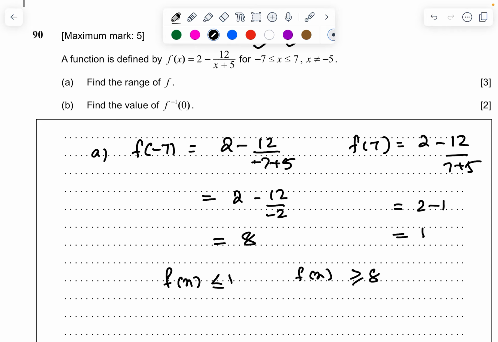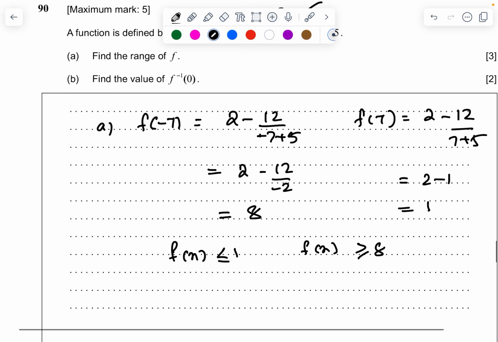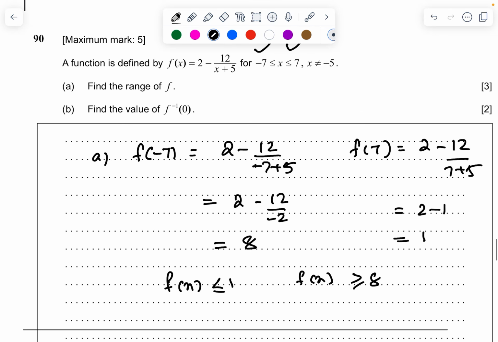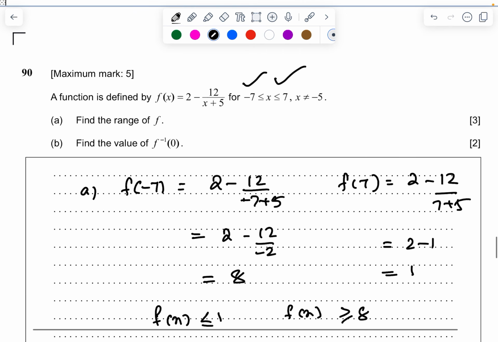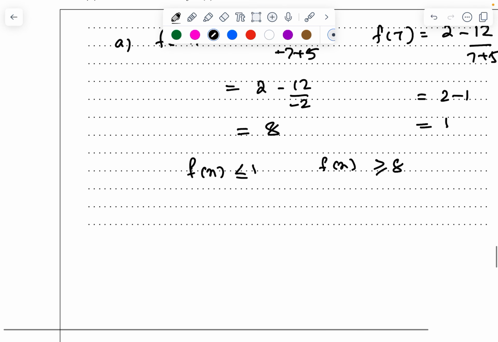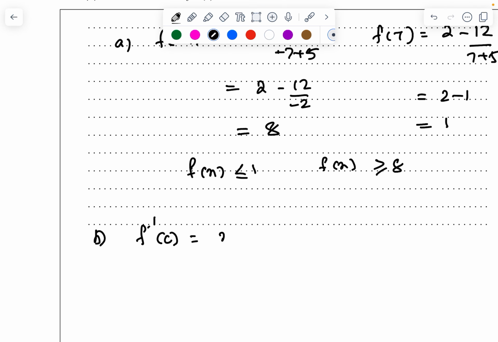Find the value of f inverse of 0. f inverse of 0 equals something x. So f of x equals 0. So what am I going to do?